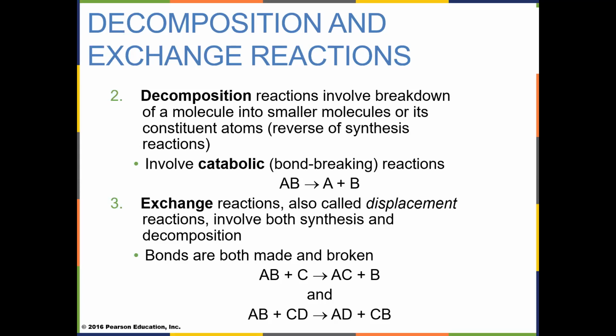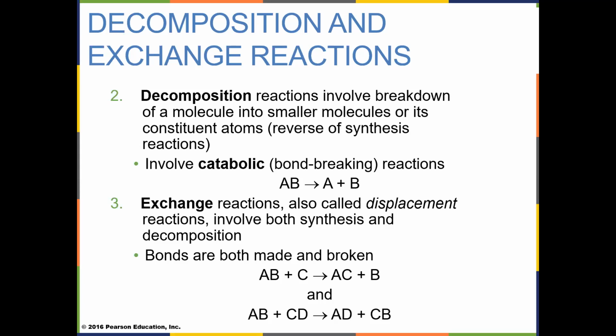The third type of reaction is exchange reactions. You're building something up at the same time you're breaking something down. You're breaking bonds and you are making bonds at the same time.